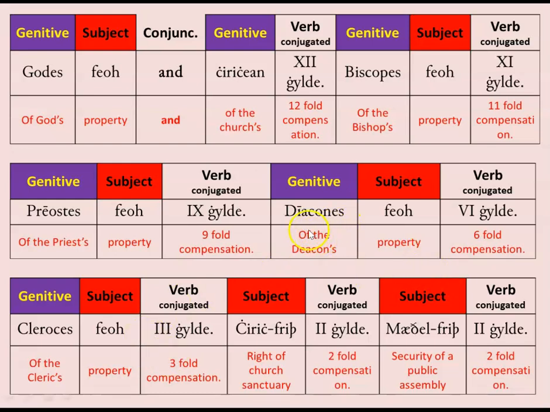Where am I now? Diaconess Ferch Six Yulda, so 6-fold compensation. I've done cleric. Chirach Frith Twa Yulde. So the right of church sanctuary, twofold compensation.